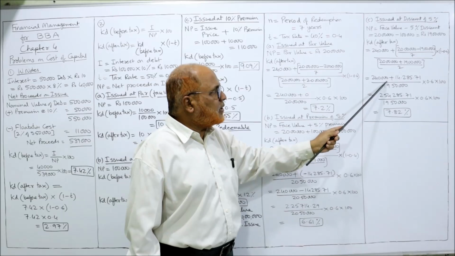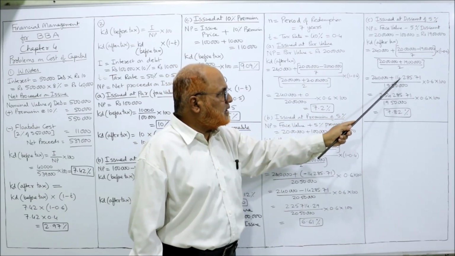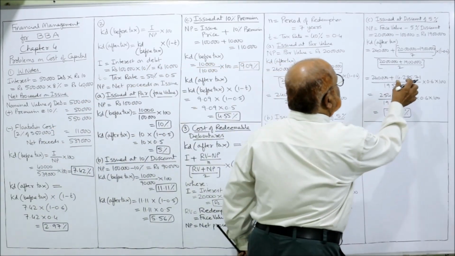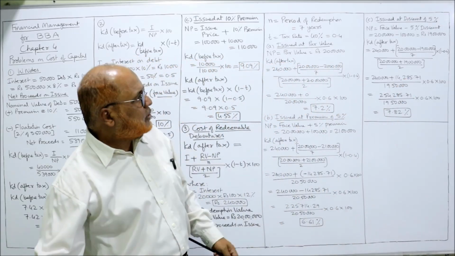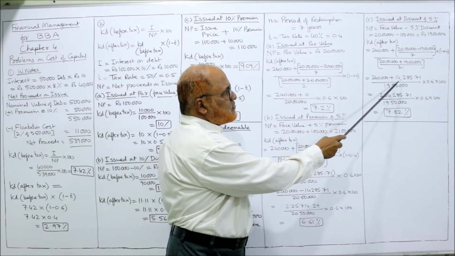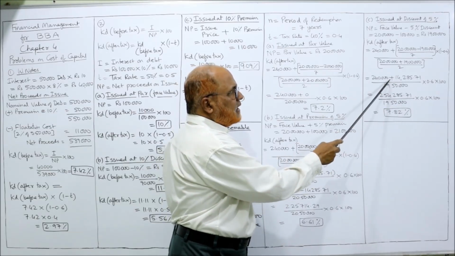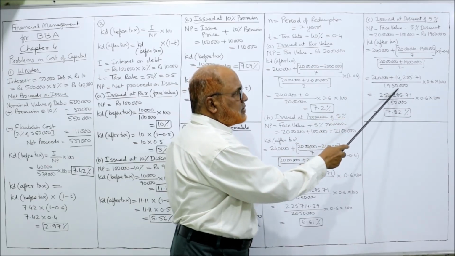So 2,40,000 plus 14,285.71. So if you add up 2,40,000 plus 14,285, 2,54,285.71. Divided by 20 lakh plus 19 lakh by 2, 19 lakh 50,000.